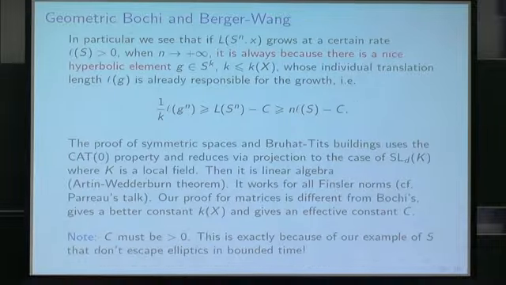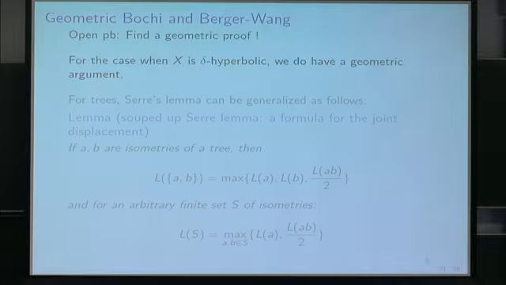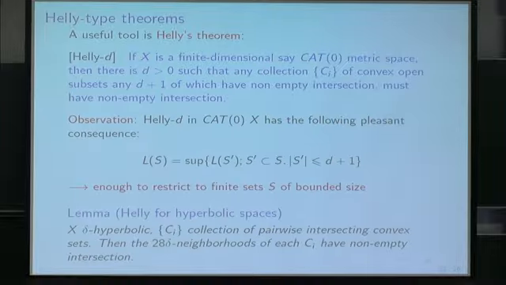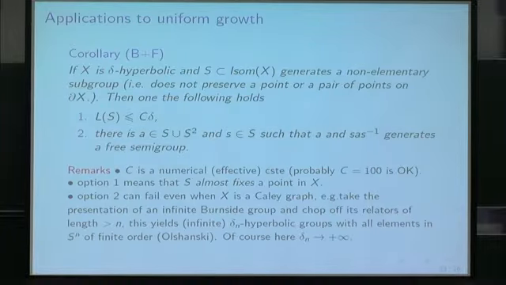Now, in the last few minutes, I want to give some applications to growth, which is what we had started to discuss maybe 10 years ago. Here's a corollary, a uniform exponential growth statement for groups acting on hyperbolic spaces.